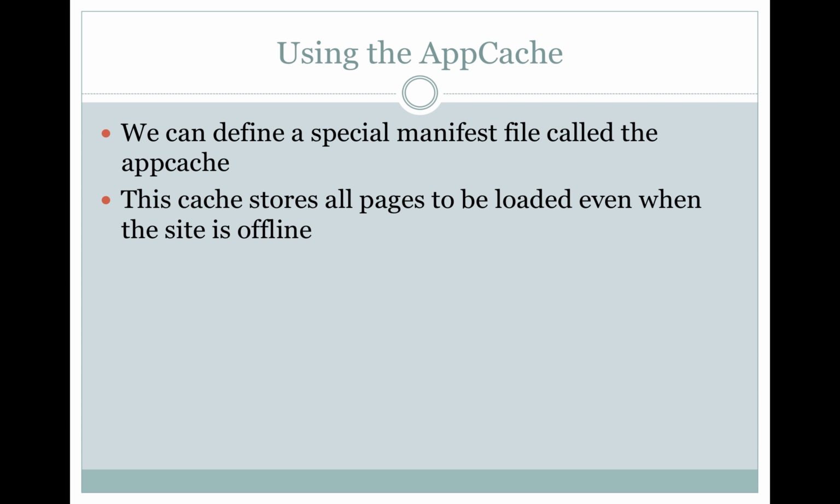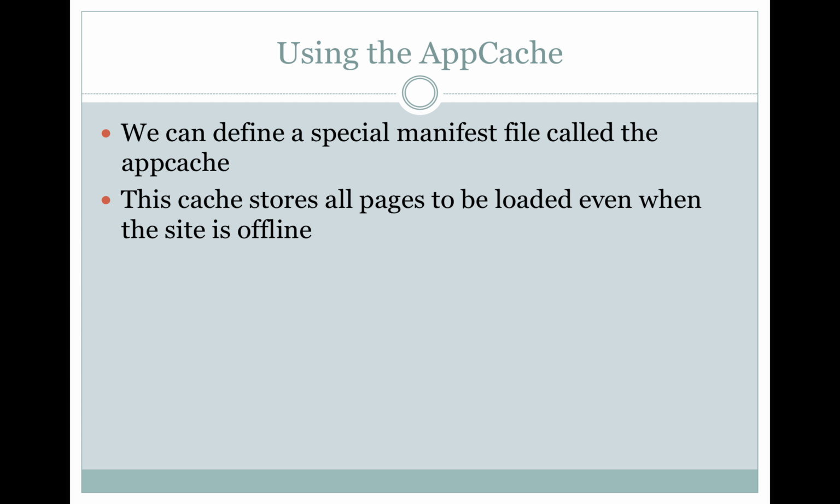Next on our bullet point list is understanding the application cache. This is a really interesting feature where we can define a special manifest file called the app cache. This cache is basically instructions to store pages of our website in the browser cache, which means that we can visit and use parts of this web page offline.